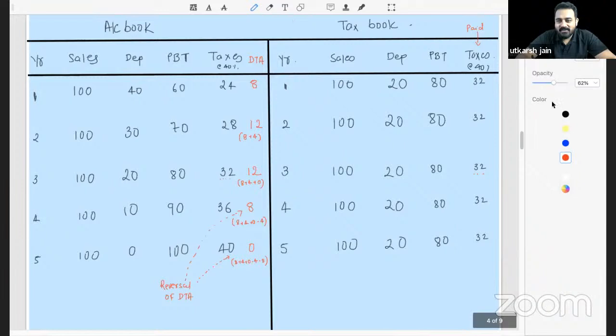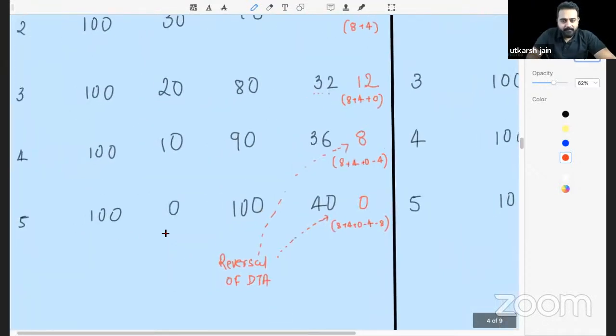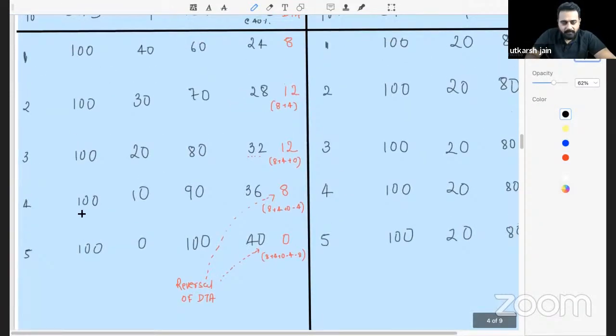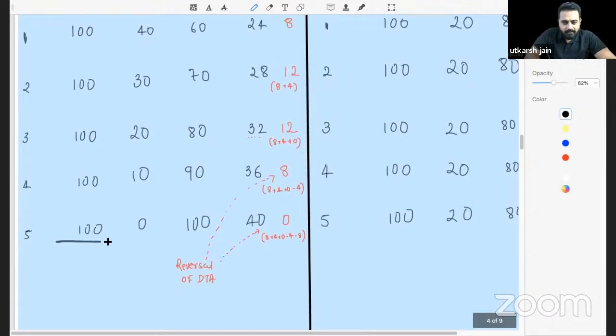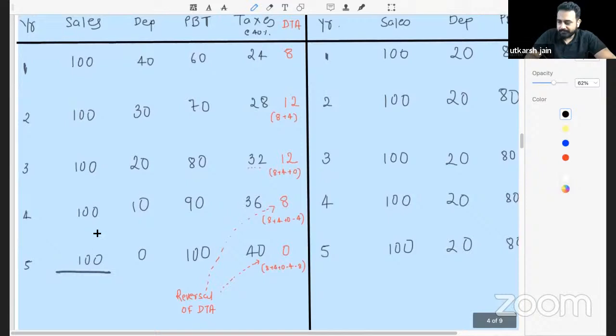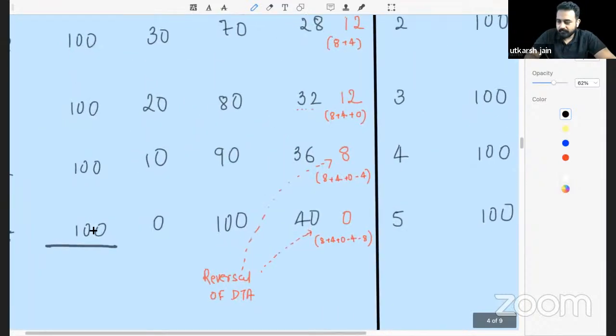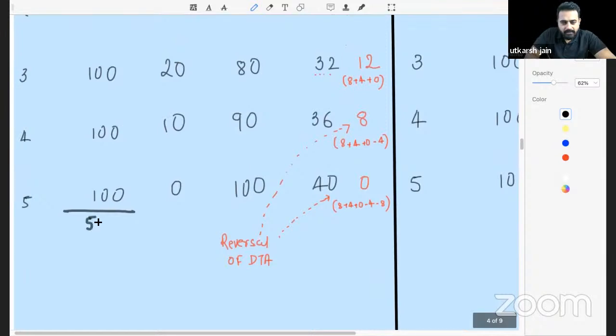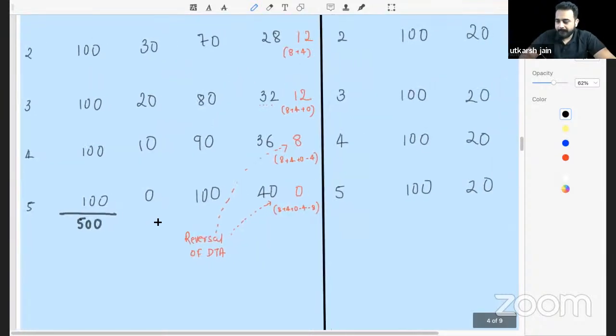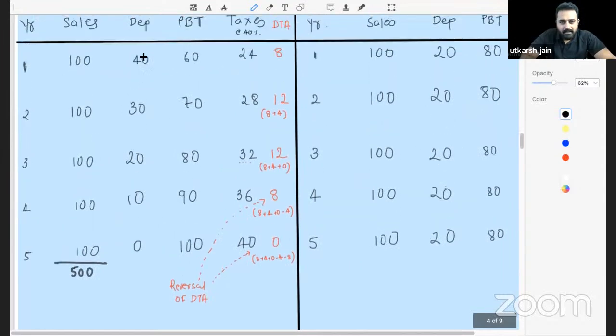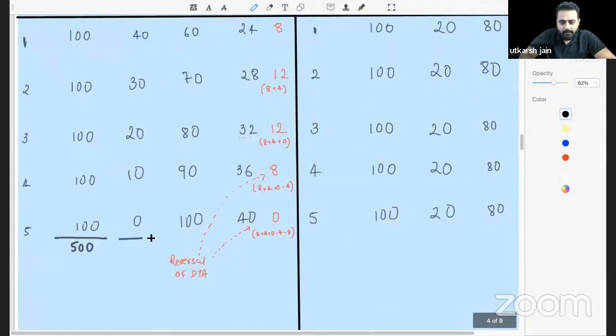Now, let me show you something really interesting here. You're going to be blown away with what you see now. Let's take total of each of these columns over a period of 5 years. So let's take total of the sales here for 5 years. The total here is 500. Let's take total of depreciation over the period of 5 years.